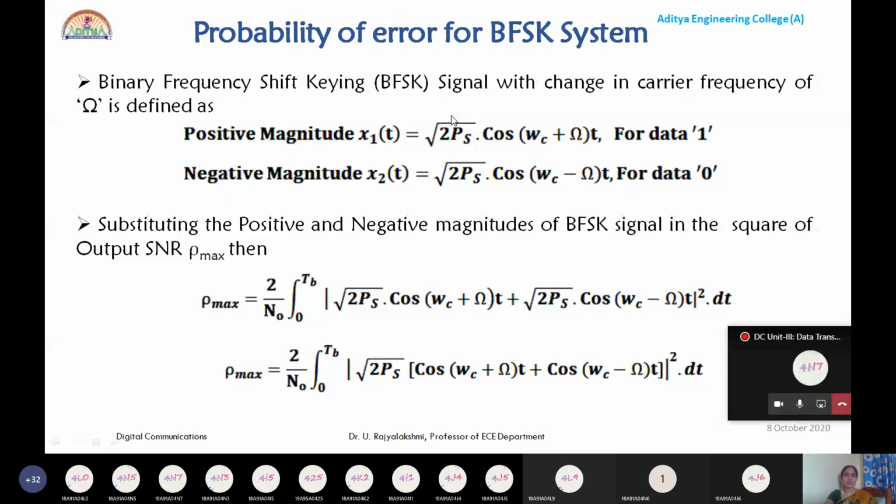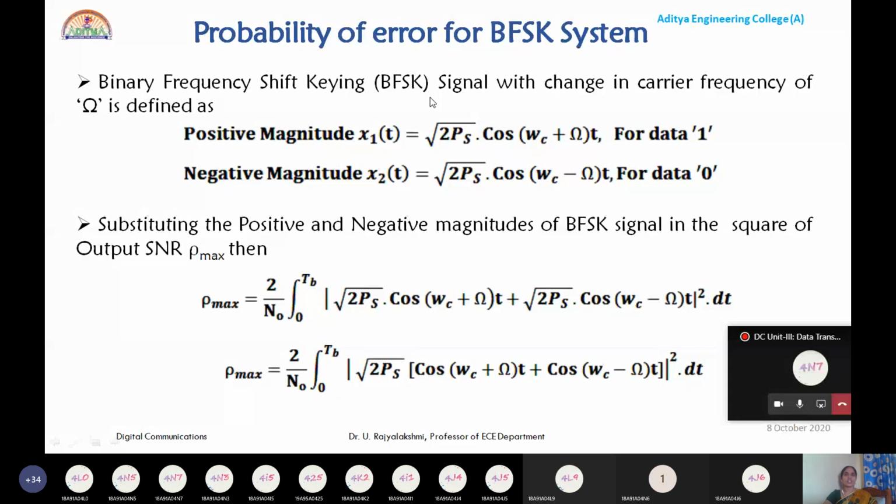The input signal has two levels, 0 and 1. One more thing that you should recollect is that in BFSK we consider the input as unipolar only. Only in BPSK, that is binary phase shift keying, we consider a bipolar signal. Other than PSK, that is in the case of either ASK or FSK, we use a unipolar signaling format for the input signal.